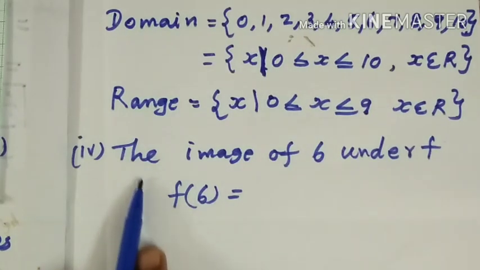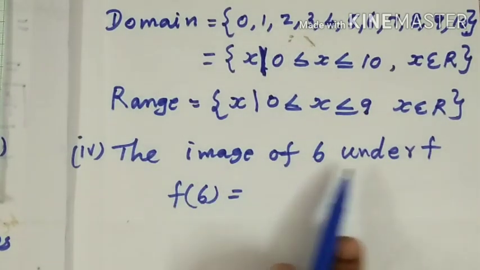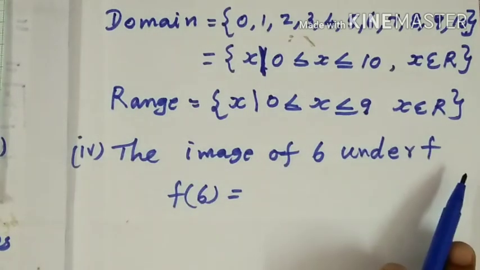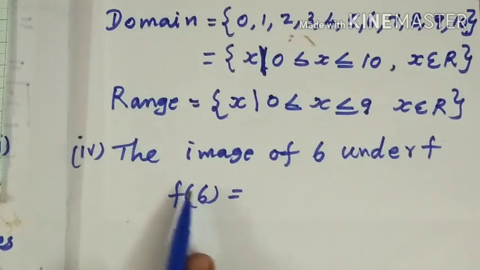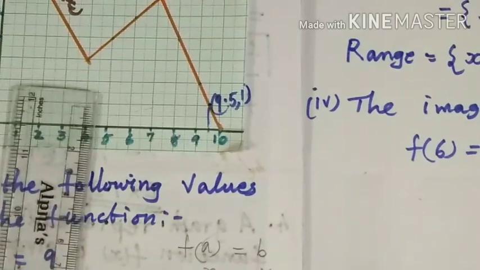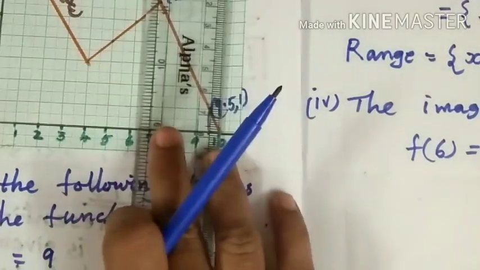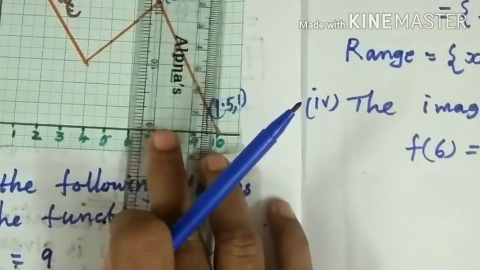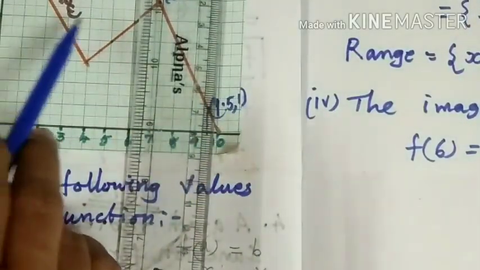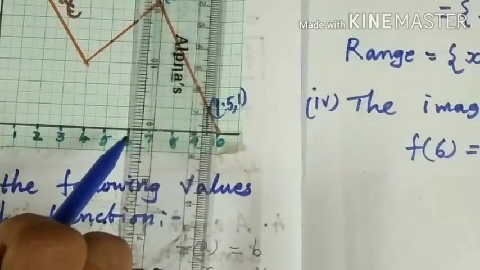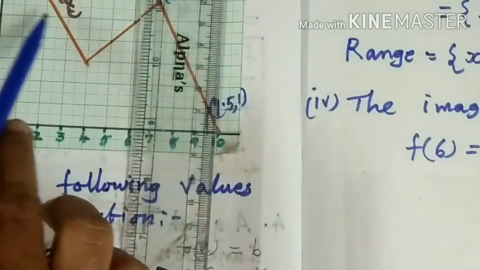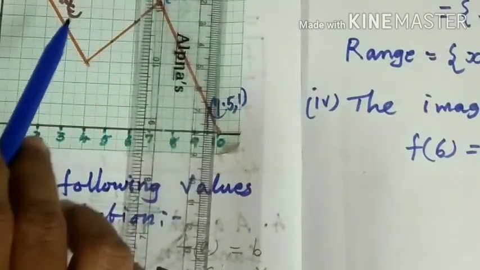Then the last subdivision, the image of 6 under f. The image of 6 under f means f of 6 equal to, see the question, in x coordinate the point 6 intersects the graph at 5 from the y coordinate.